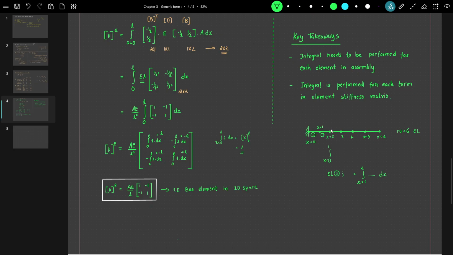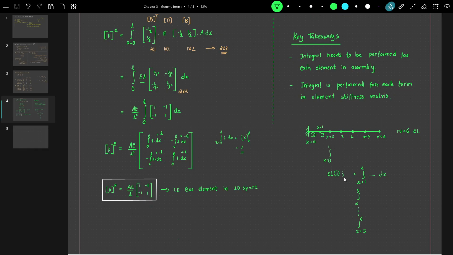Similarly, for this one the limit is x equal to 2 to 3, then x equal to 3 to 4, and for the last element the integration limit is x equal to 5 to 6. What I'm highlighting here is that for each element the integration limit is different. So the integral needs to be performed for each element separately, because the elements' coordinates are different.